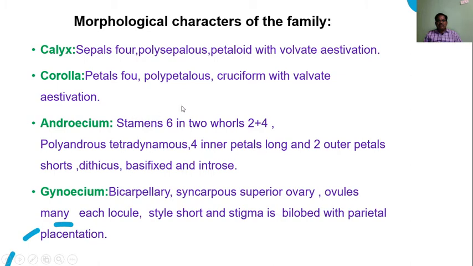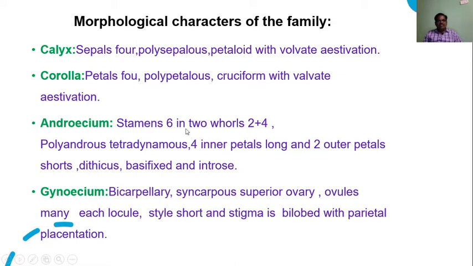In the figure we already discussed this. It is cruciform corolla, that is the 4 petals are arranged like a cross, so it is known as cruciform corolla, and aestivation is valvate.